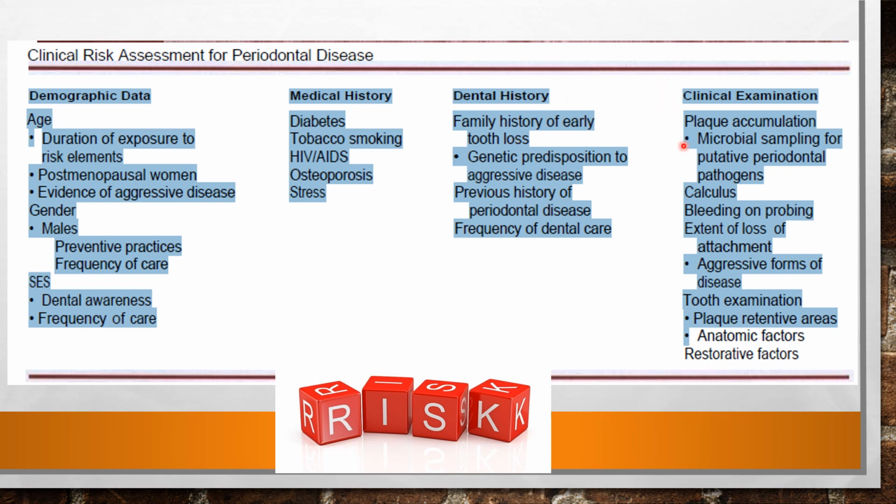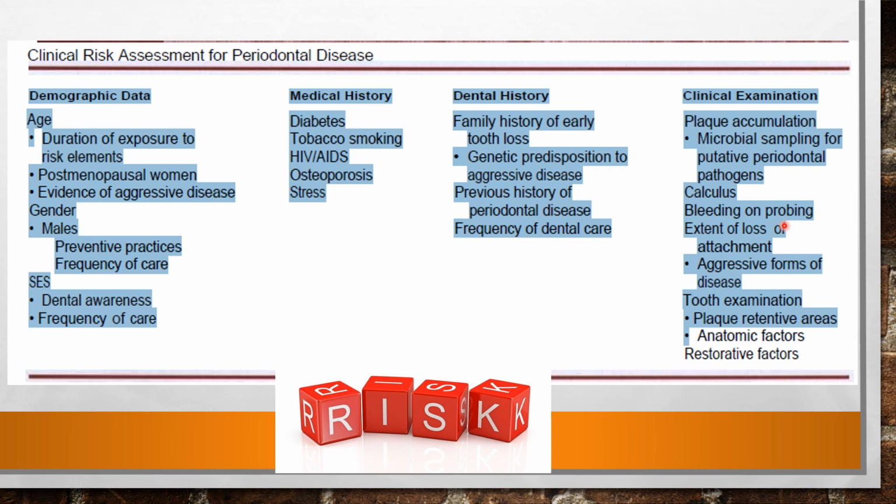In the clinical examination, we will be able to know the plaque accumulation, and microbial sampling can be done for putative periodontal pathogens. The presence of mainly three pathogens, as you know: Aggregatibacter actinomycetemcomitans, Porphyromonas gingivalis, and Tannerella forsythia. We also assess calculus, bleeding on probing, the extent of loss of attachment, and the aggressive nature of disease, whether the deposits are consistent with the attachment loss.